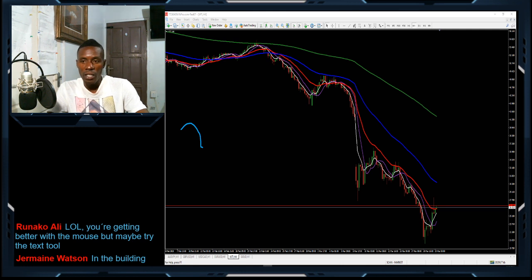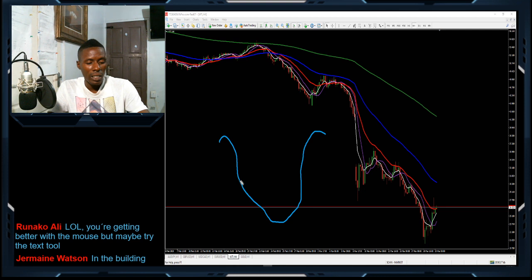In everything you have a cycle. We have a cycle, and this is the interest rate cycle. Interest rates.